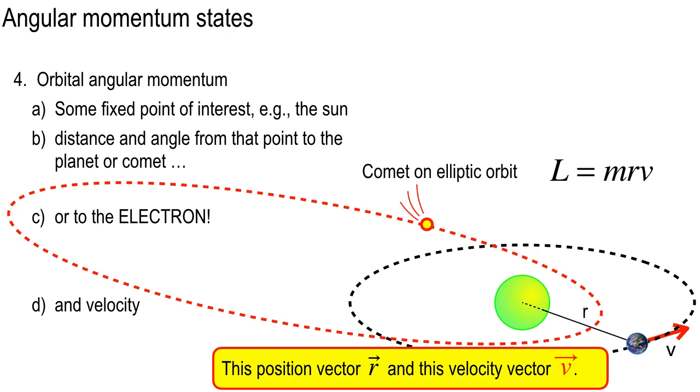All right? So the angular momentum vector, you can make a note of it, is not going to be in the direction of v, the way that regular momentum would be. It's not going to be in the direction of r. It's actually going to be perpendicular to both of them.